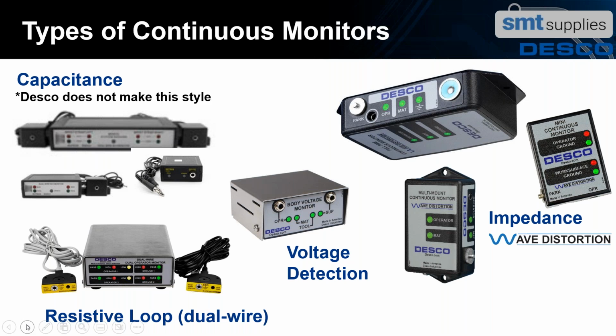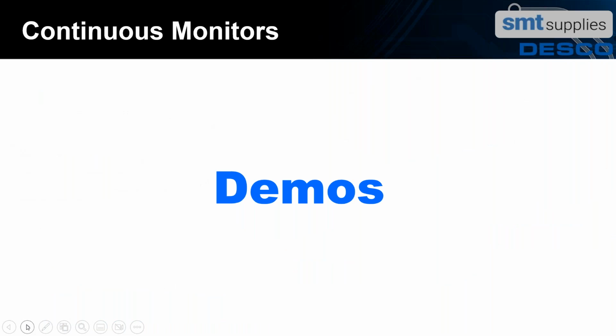So resistive loop monitoring or dual wire monitoring is also extremely reliable. Now there are some monitors out there that actually monitor voltage on the human body. But for the most part, most of the monitors on the market today monitor either the impedance or the resistance of the human body.